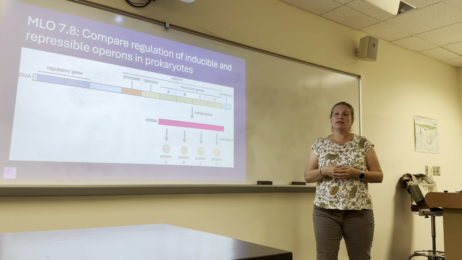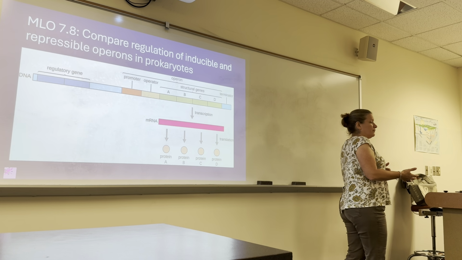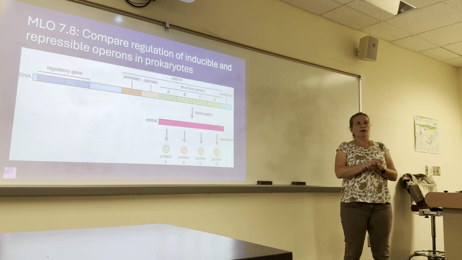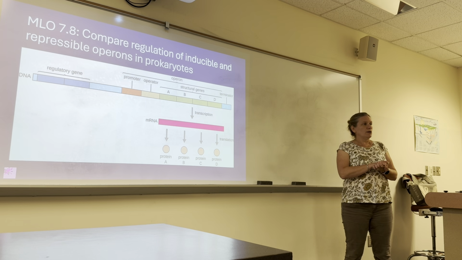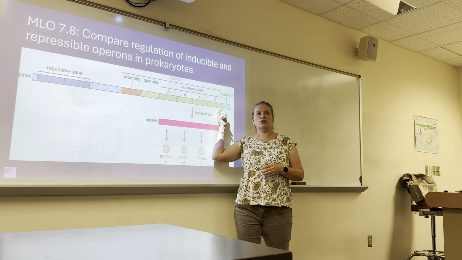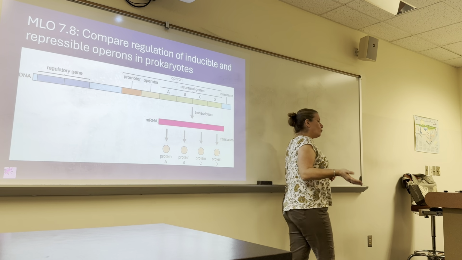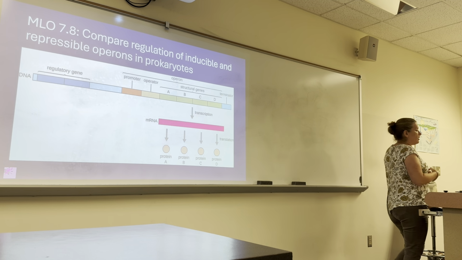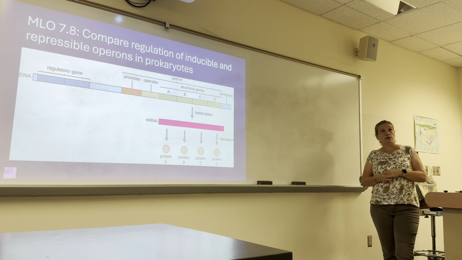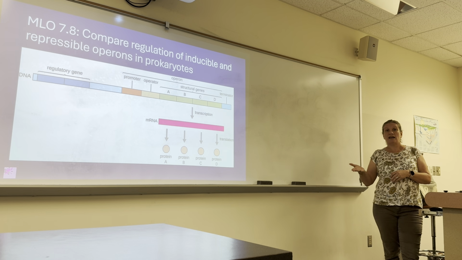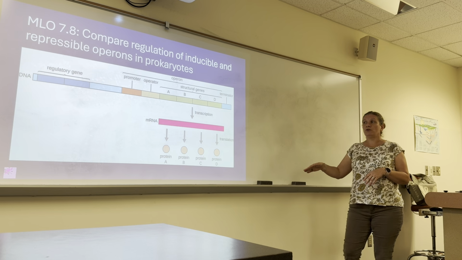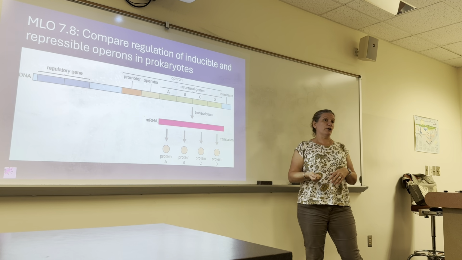Inducible operons are ones that are normally turned off unless the substrate is present, which interacts with the regulatory protein, preventing it from binding the operator, and we get production. Okay, so when the substrate is present, the operon is induced to produce the protein products. And usually those protein products have to do with metabolism of that substrate. So the proteins are only produced if the substrate is present.